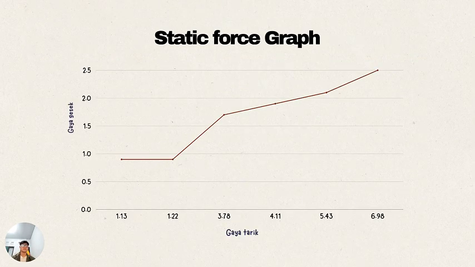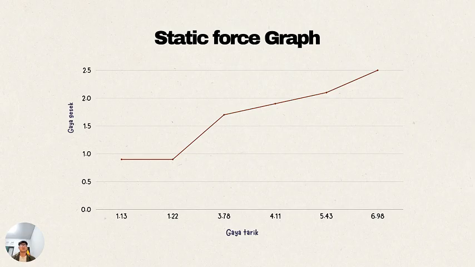Now, this is the static force graph of the static force coefficient. There we see the pull force and the friction force. At 1.13 and 1.22, the pull forces are almost similar, so the friction force does not differ much, which is 0.9.